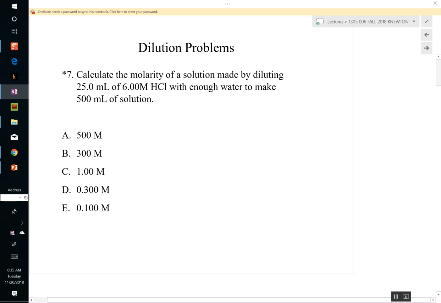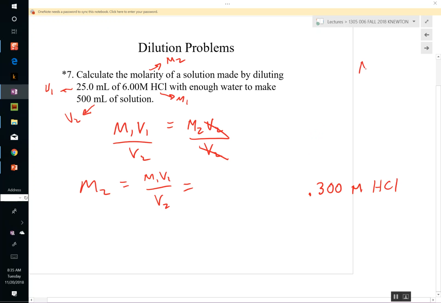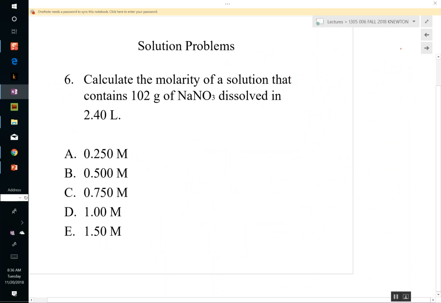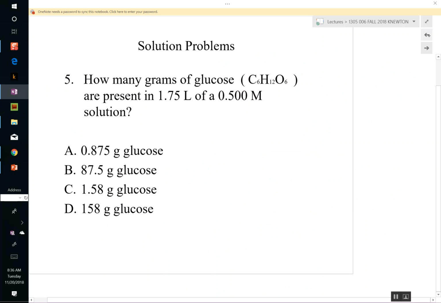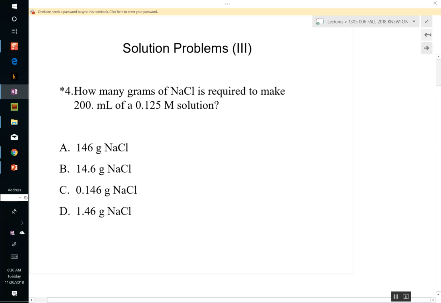Okay, now there's another problem there. Let me take what we just learned, and one of the things we just learned is that molarity times volume in liters equals moles in this context here. Let me go back and find a problem. Yeah, that's a problem.